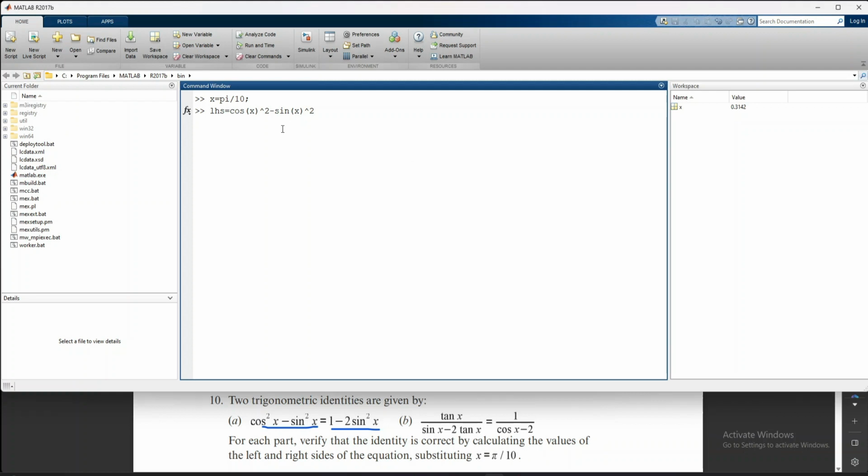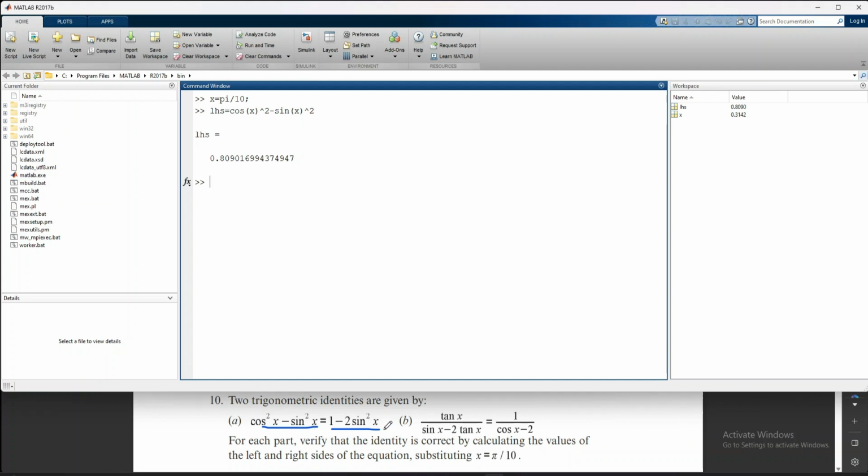Okay, we use the syntax cos instead of cosd, because cosd is used when the angle is in degrees. Now enter. So left hand side is 0.8090.